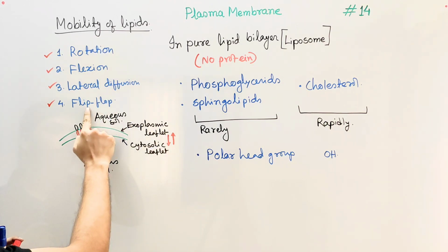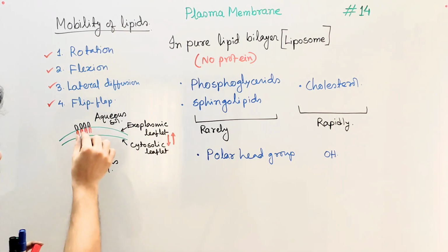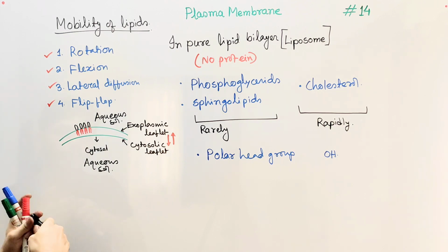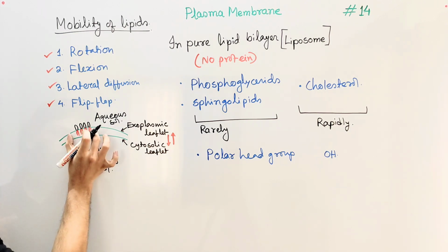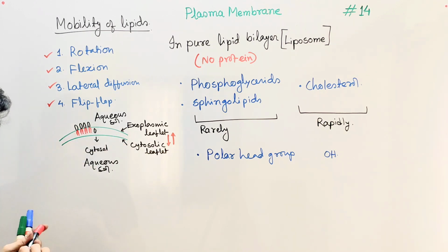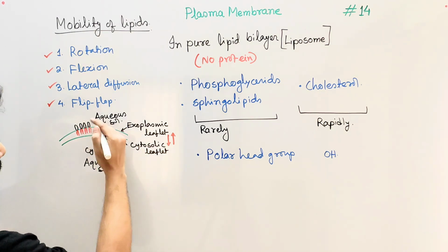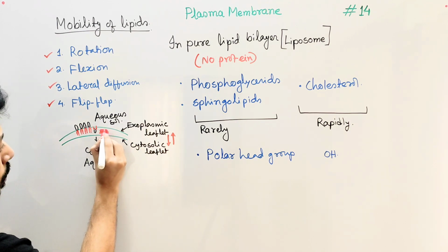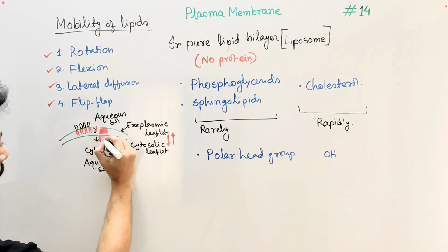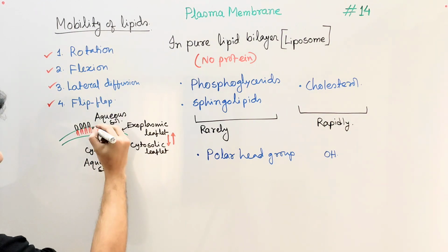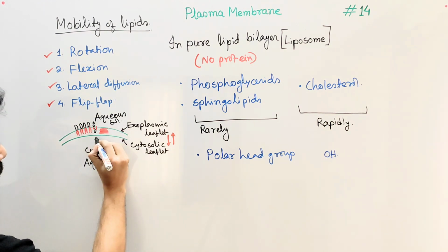Now, for this flip-flop movement, the polar head group has to migrate from these non-polar fatty acids. Let's suppose this head group has to migrate from this non-polar region to the aqueous region. So this head group must migrate from here to here.